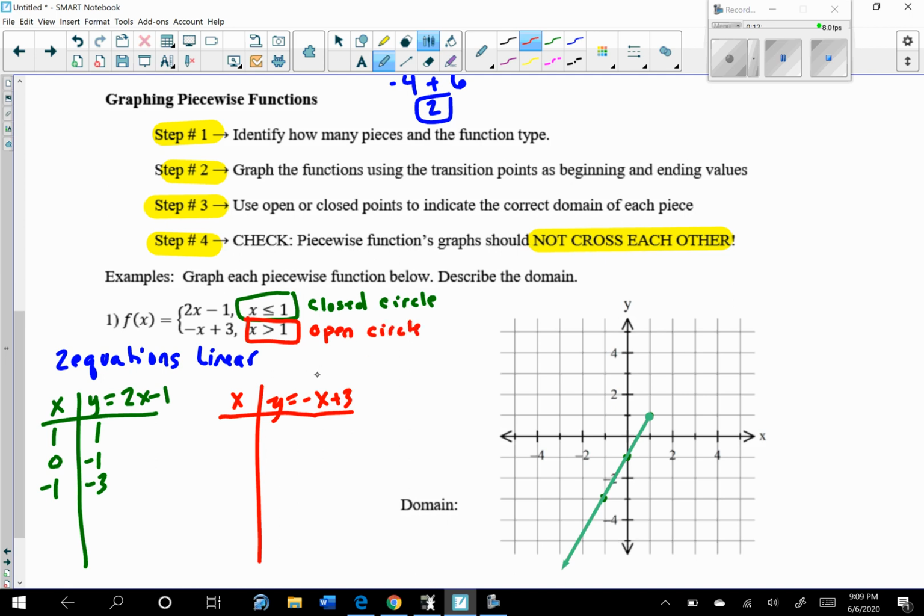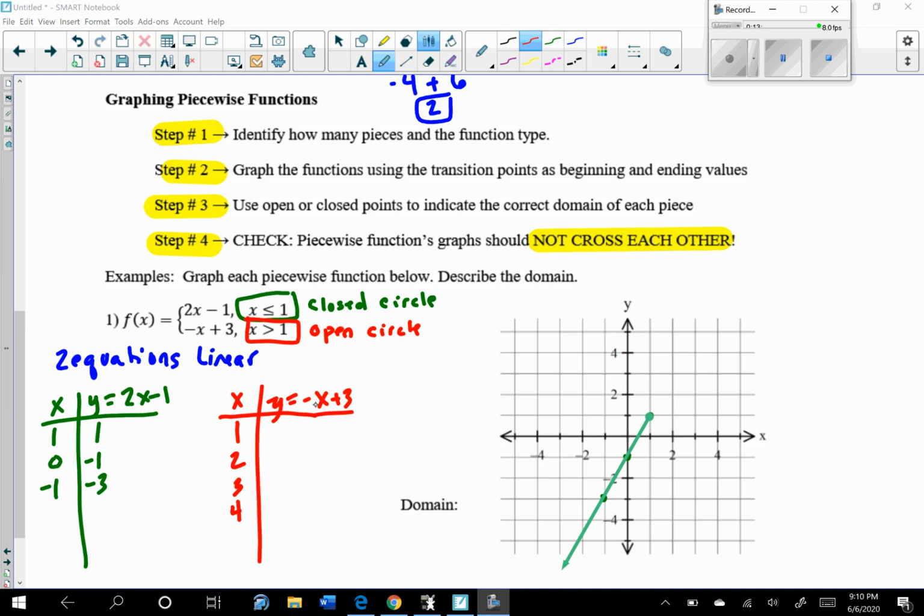Even though it's an open circle, we still want to put it on our graph, so that's why we start using that value, even though it's not really included in our solution set for this equation. So 1, and then we want values greater than 1: 2, 3, we could do 4, etc.